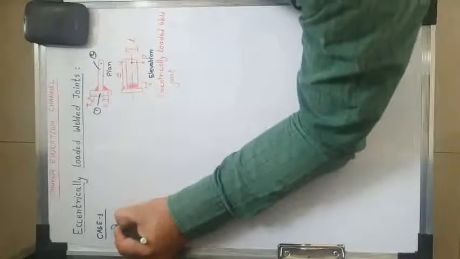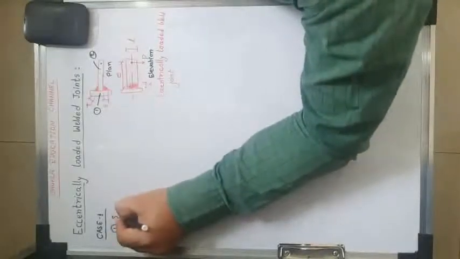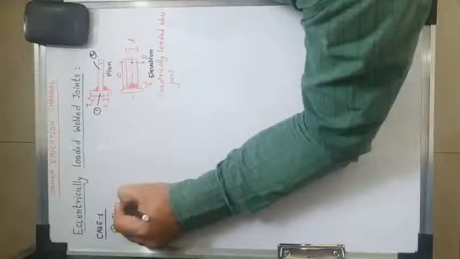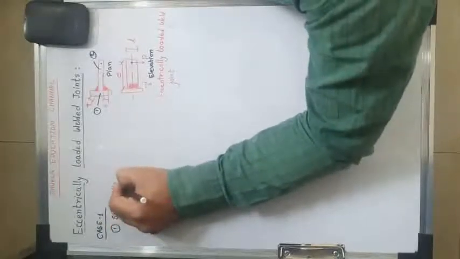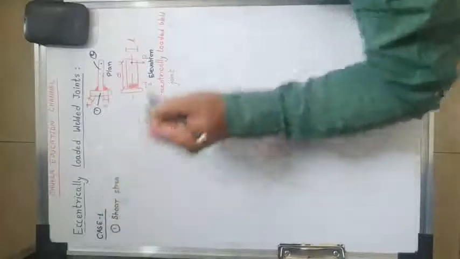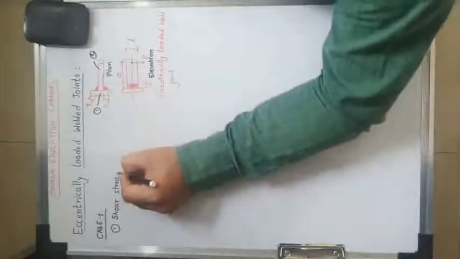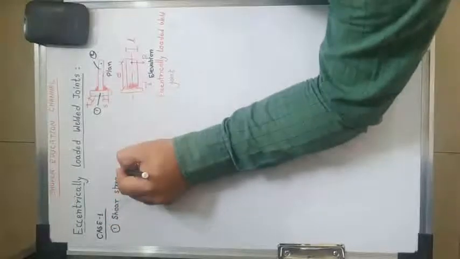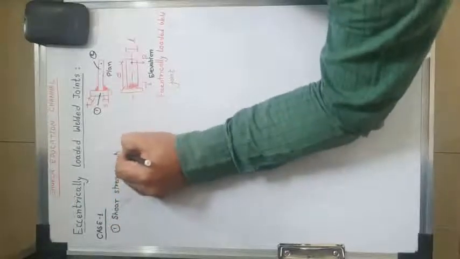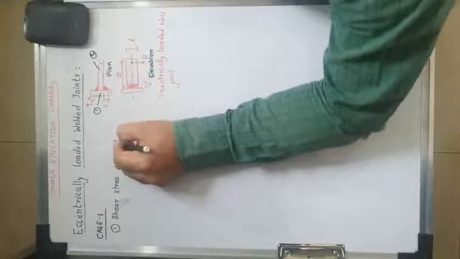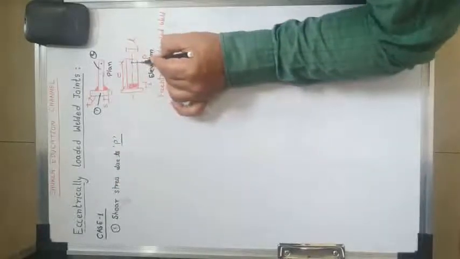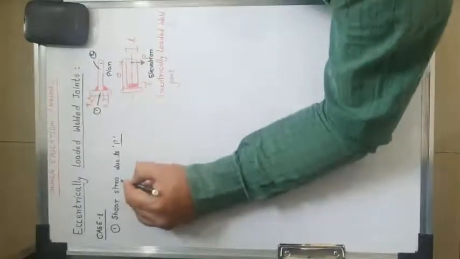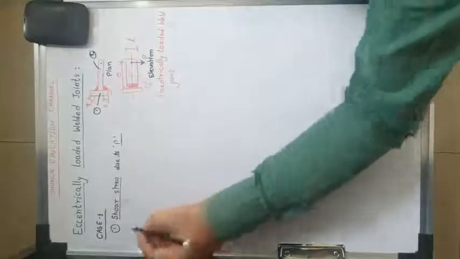Consider the shear stress first. This is a direct shear stress due to the force, or load. Because of this force, shear stress develops, so it is a primary or direct shear stress.